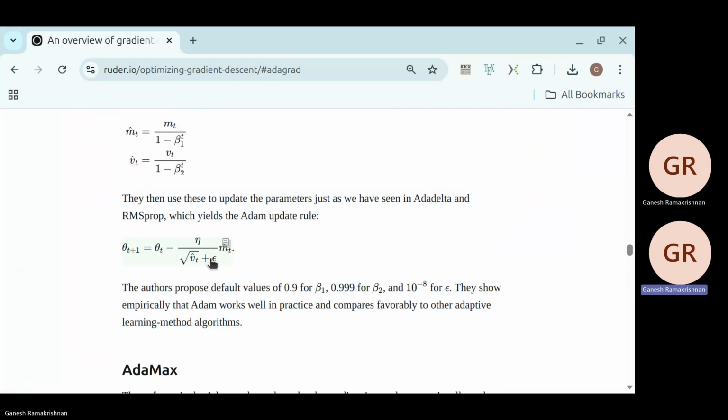So if you recall, no, it will not be here. It won't be here. Sorry. So when you actually consider the ith term of H t inverse, you'll have to add an epsilon to the ith term of H t inverse. That's what this is equivalent to: square root of v hat t plus epsilon.